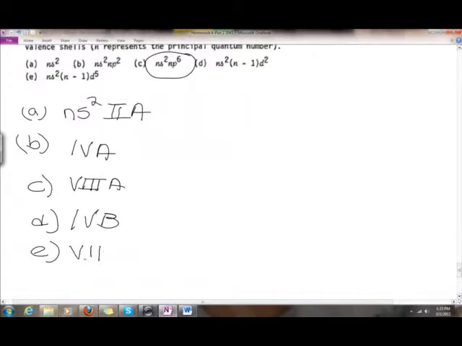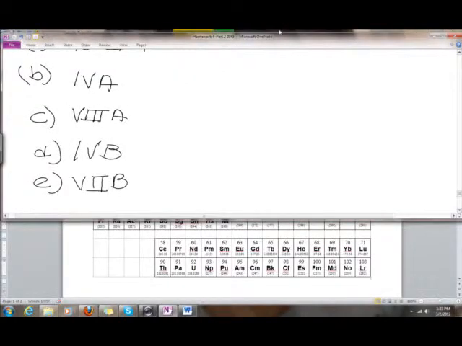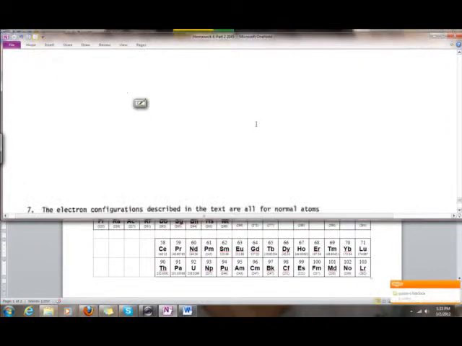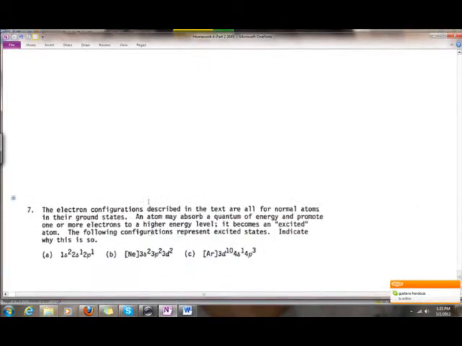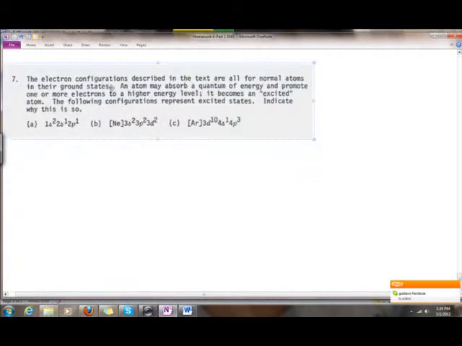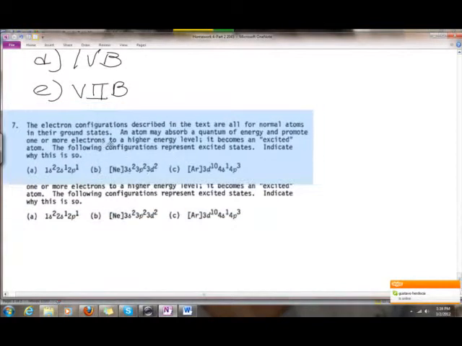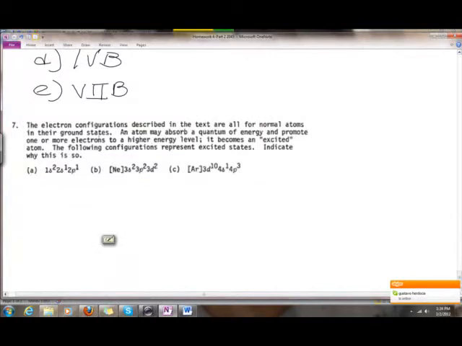And finally, to end this video, we do letter C, number 7. The electron configurations described in the text are all for normal atoms in the ground state. Of course, an atom may absorb a quantum of energy and promote one or more electrons to a higher energy level, and it becomes an excited atom.